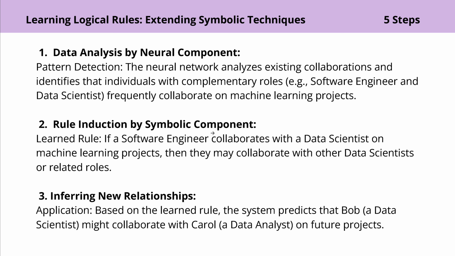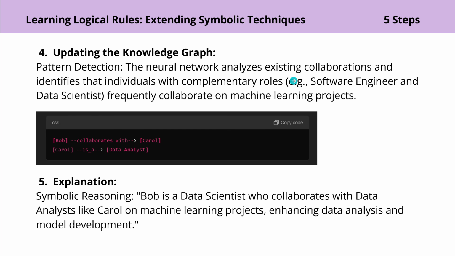Step 3, inferring new relationships. Based on the learned rule, the system now predicts that Bob, a data scientist, might collaborate with Carol, a data analyst, on future projects. Step 4, updating the knowledge graph. So the neural network analyzes existing collaborations and identifies that individuals with complementary roles, like software engineer and data scientist, frequently collaborate on machine learning projects.